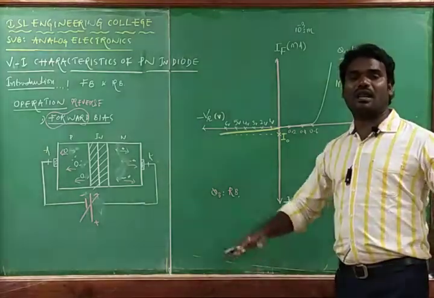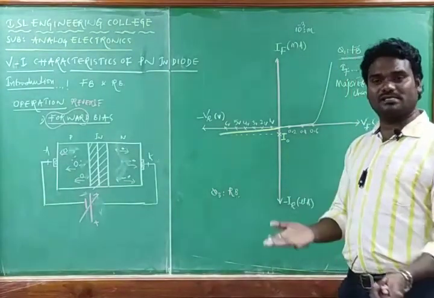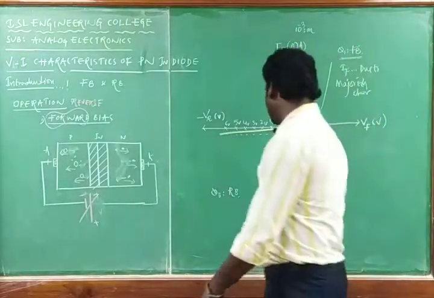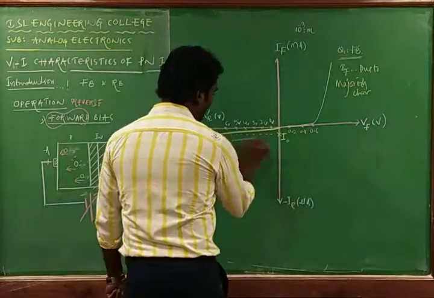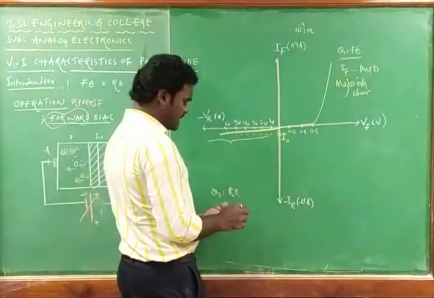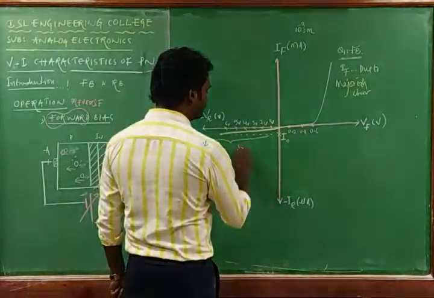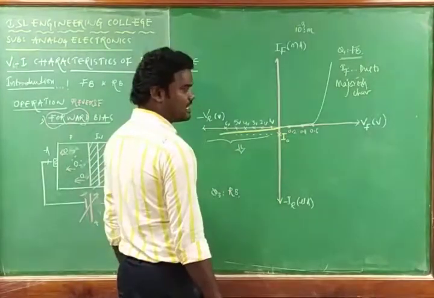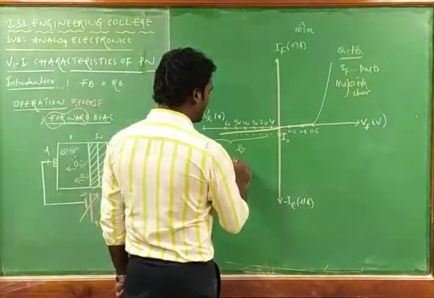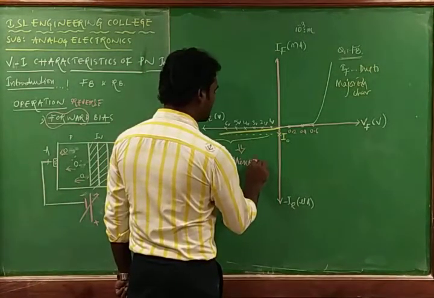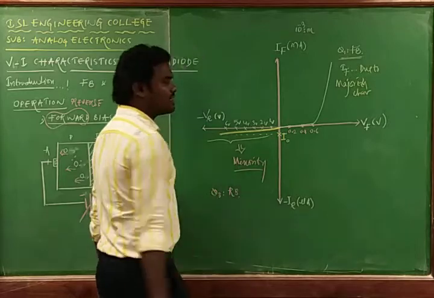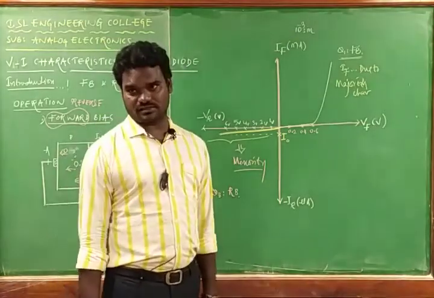Majority means they are large in number, so the current they constitute is also more. In reverse bias, the current is the reverse saturation current, and that current is due to the minority charge carriers. The minority charge carriers are less in number, so the current they constitute is also less.